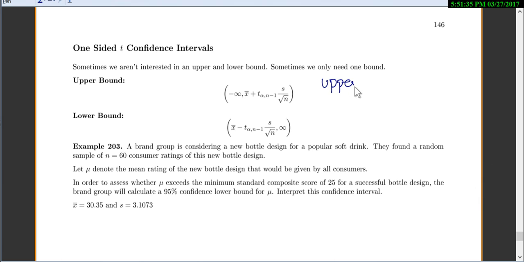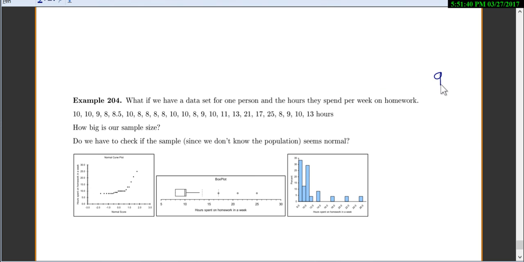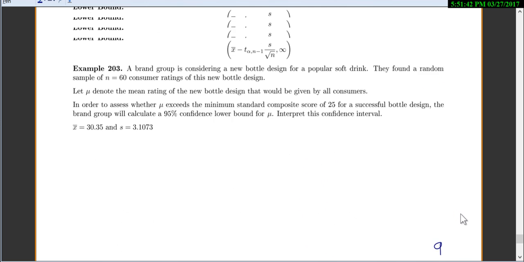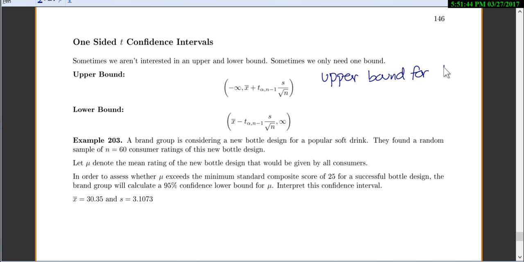If you were going to look at an upper bound for a 95% confidence interval, you draw a picture like this. Normally we draw two tails because we want a top and bottom. But in this case, if you only want an upper bound, you only need to draw an upper line.